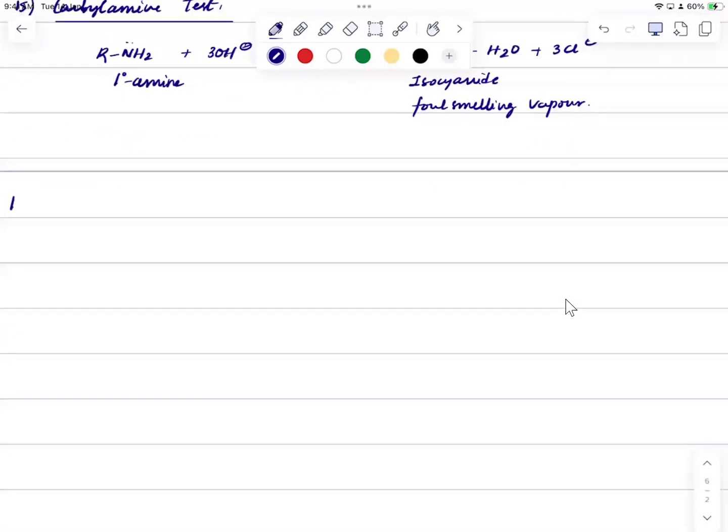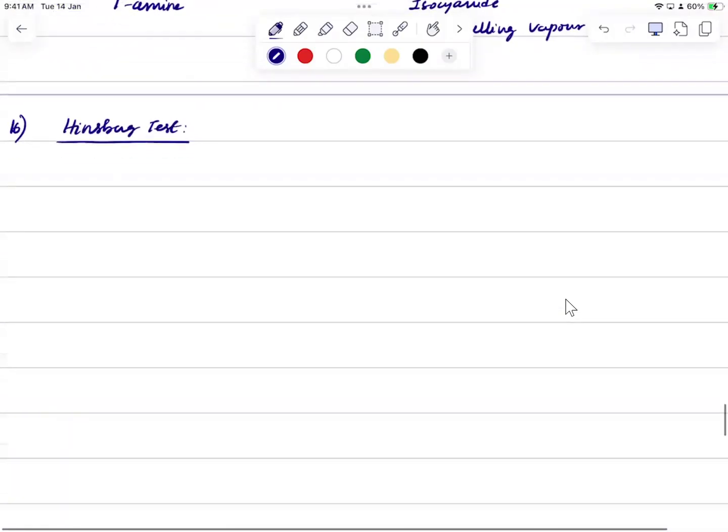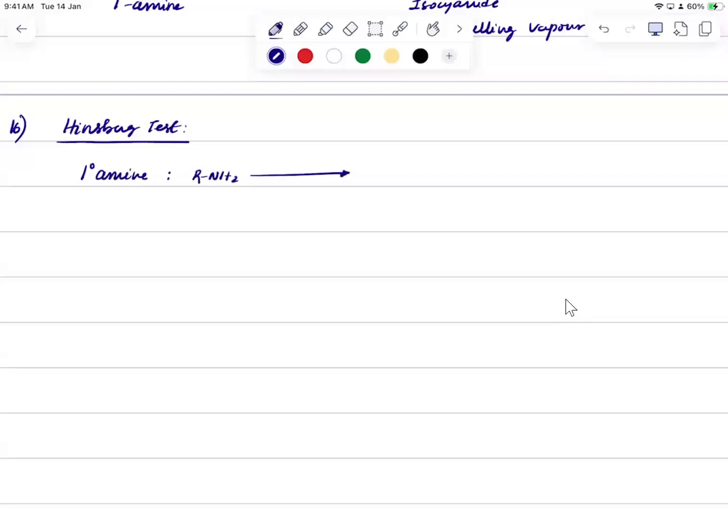Next. 16th one, Hinsberg test. The Hinsberg test is a test for detecting 1 degree, 2 degree, and 3 degree amines. If it is a 1 degree amine, the route is like this. RNH2 reacting with PhSO2Cl.